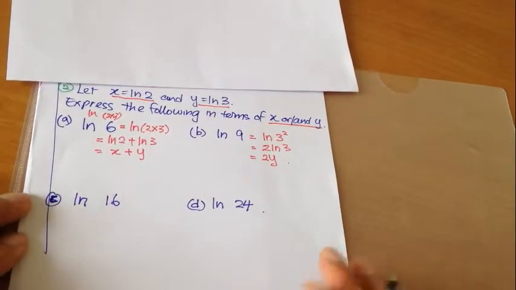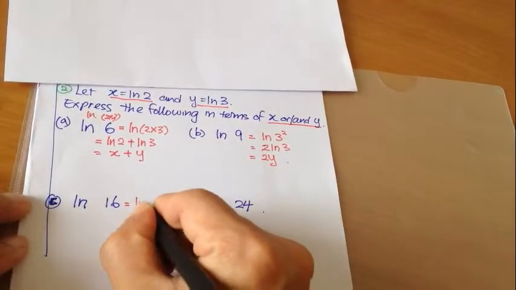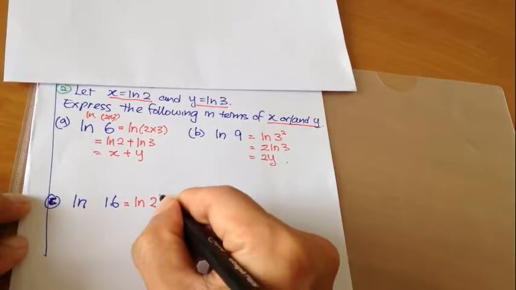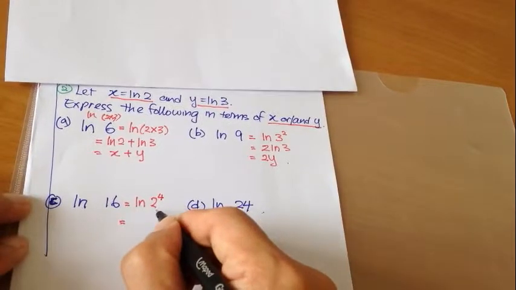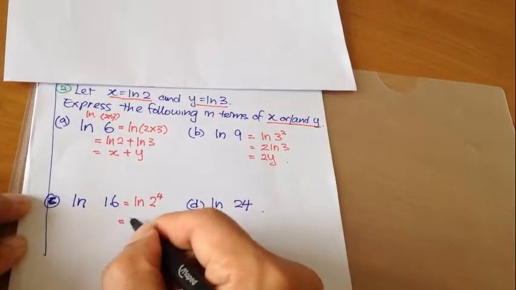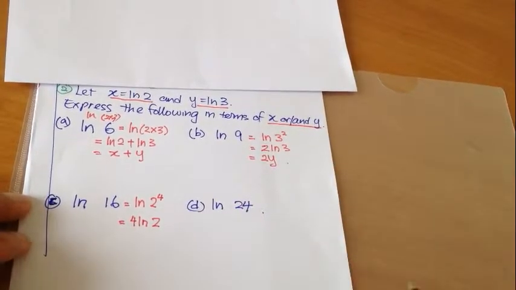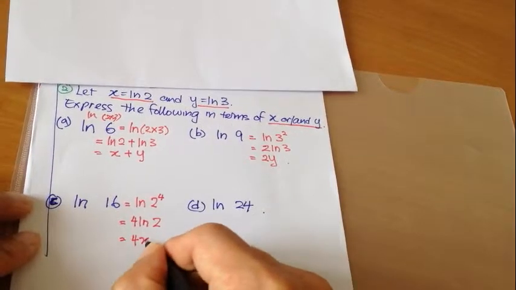Okay, now we go to 16. 16 here, you can think of it as 2 raised to the power of 4. So similar to b, the exponent comes down, 4 ln2. So ln2 itself is x, so this is 4x.